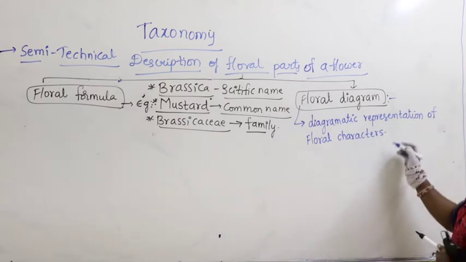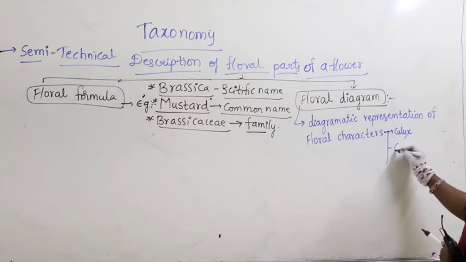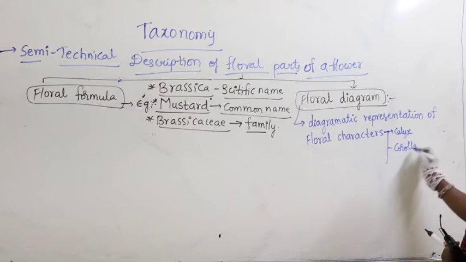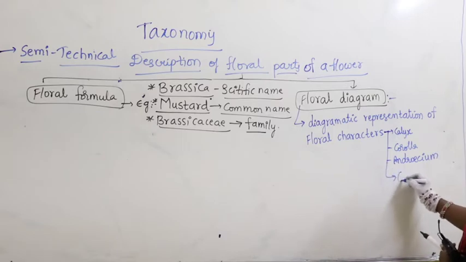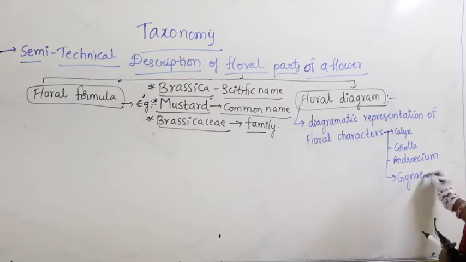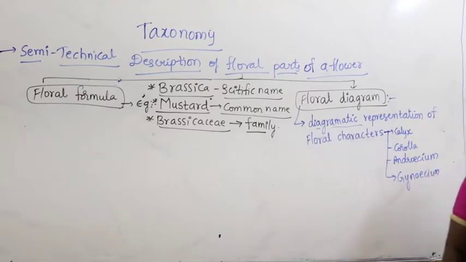So obviously, what are the floral characters we have to remember? Calyx, corolla, androecium as well as gynoecium. It is possible for us to represent these characteristics in the form of a diagram.